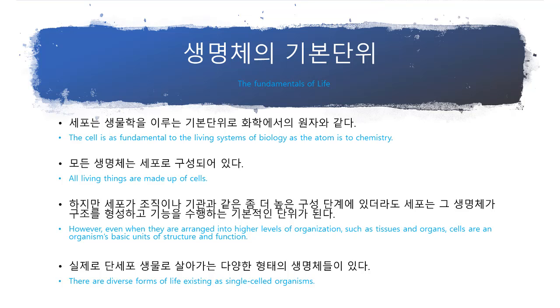More complex organisms, including plants and animals, are multicellular. Their bodies are cooperatives of many kinds of specialized cells that could not survive for long on their own. However, even when they are arranged into higher levels of organization, such as tissues and organs, cells are an organism's basic units of structure and function.